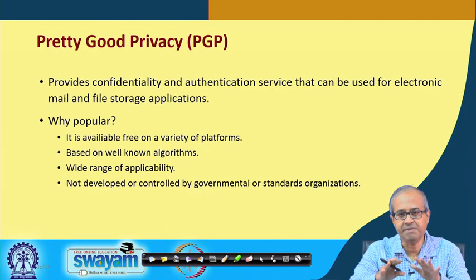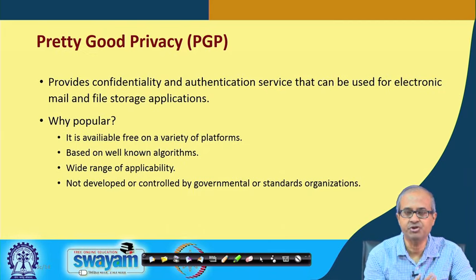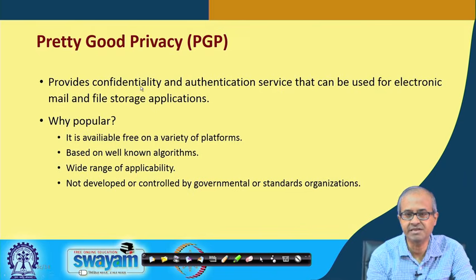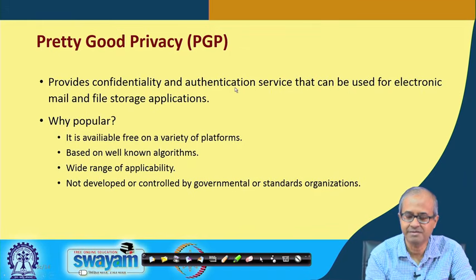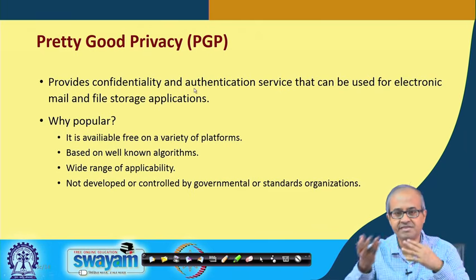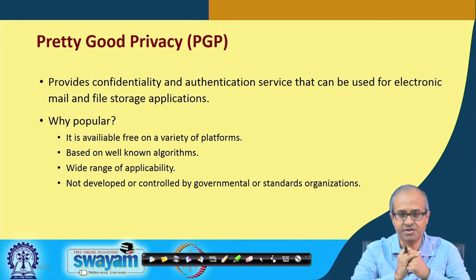But if you have PGP installed on top of your mail server, you can have a whole lot of additional services, like confidentiality, where your mail will get encrypted so no one can read it, and authentication, where you can verify from whom the mail is coming, and these will serve towards having a secure email transport mechanism.